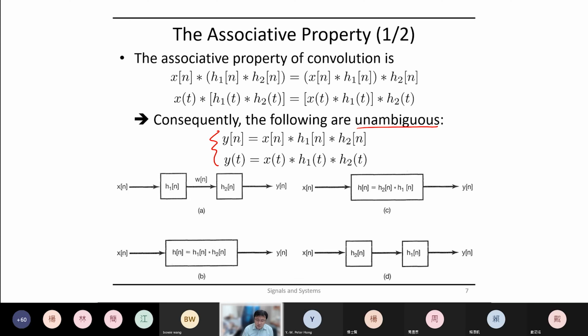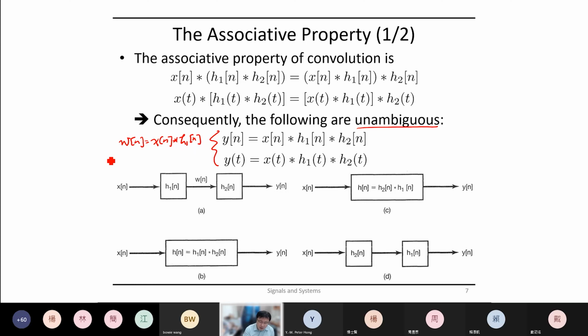Now, what are the system implications of this? If you look at this first figure, you're first taking x[n] and passing it through h1[n] to get w[n], and w[n] is therefore the convolution between x and h1.